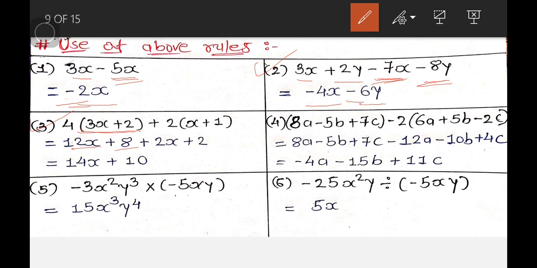Now here plus 2 multiplied by x, then it is plus 2x, and plus 2 multiplied by plus 1, then it gives plus 2. Now we do addition and subtraction of similar terms. Here 12x and 2x are similar terms, so we do addition of them.